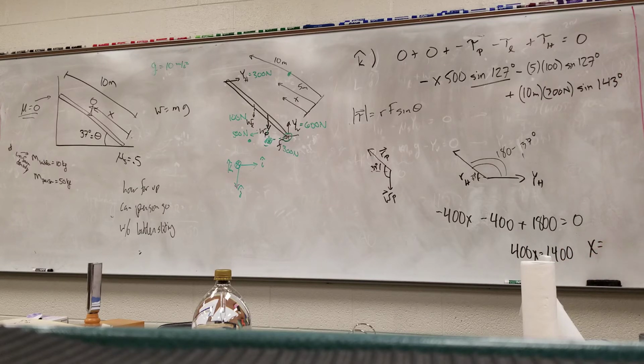Obviously, I rounded off my trig functions there, and hopefully I did not get them backwards. So x is 3.5-ish.